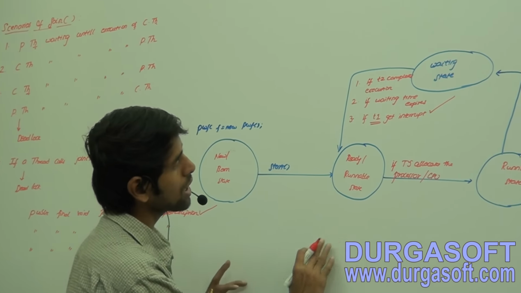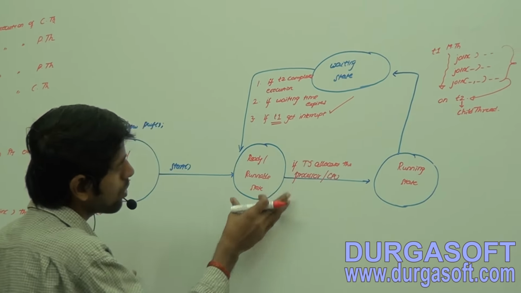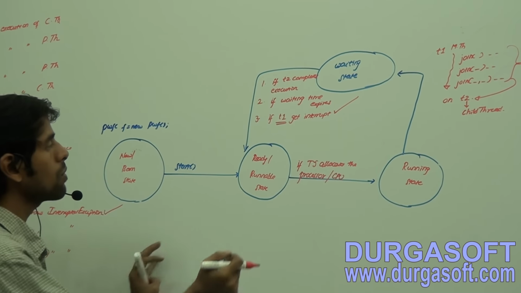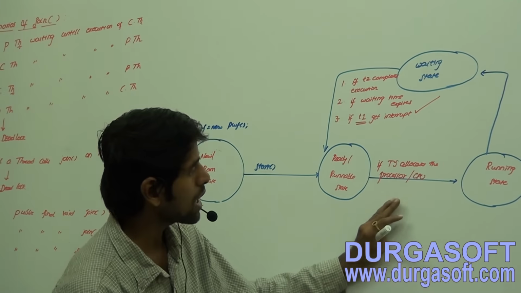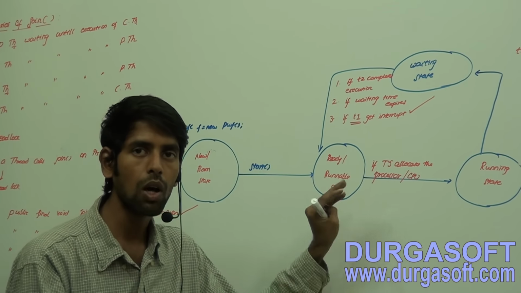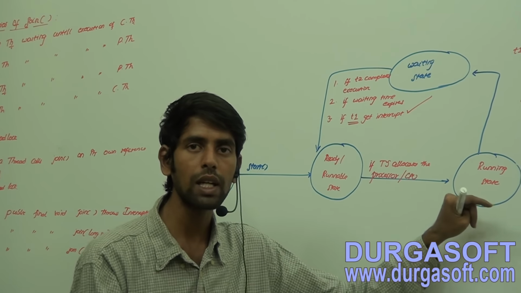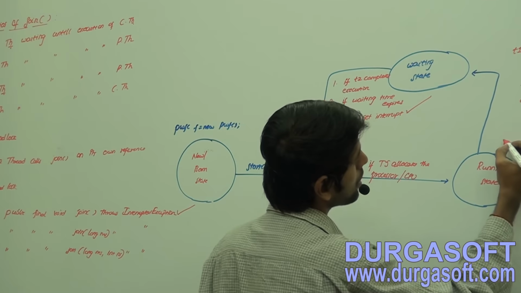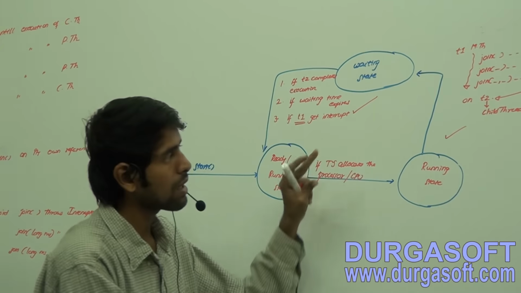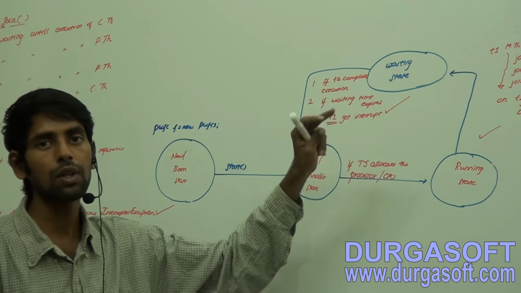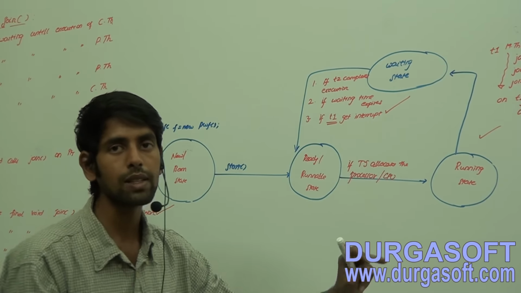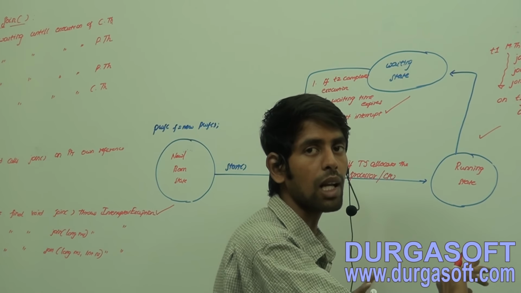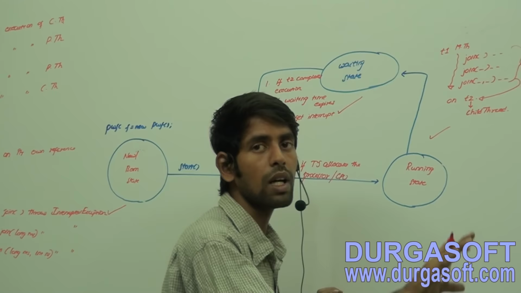See here what is going to happen. When the thread comes out of the waiting state once again, it will be in the ready state. Now if the thread scheduler allocates the processor, it will come into the running state. Whenever you call join methods on a particular thread reference, it goes to the waiting state. If you are not calling any join methods, after completing the run method, it goes into the dead state.